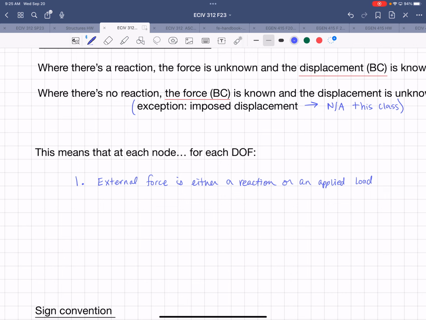And if there is no reaction, and if there is no applied load, the external force is still known, it's just 0. So that still counts as a known value, and it is your boundary condition for that degree of freedom.